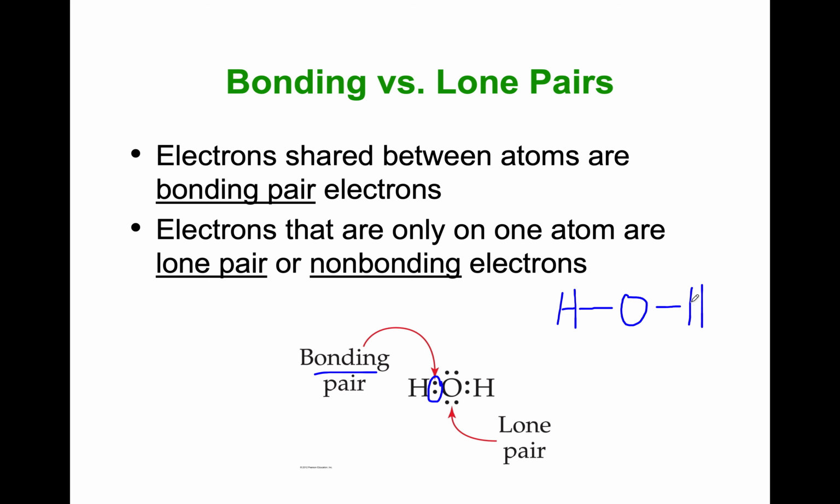Especially if I'm writing like this or even on the board, I would also represent the lone pairs. You can see here, the lone pairs are not a bond, they're just on oxygen. You can represent those with 2 dots or a bar as well. So that's 2, 4, 6, 8 electrons. We call these lone pairs or non-bonding electrons. And these are bonds or bonding pairs of electrons.